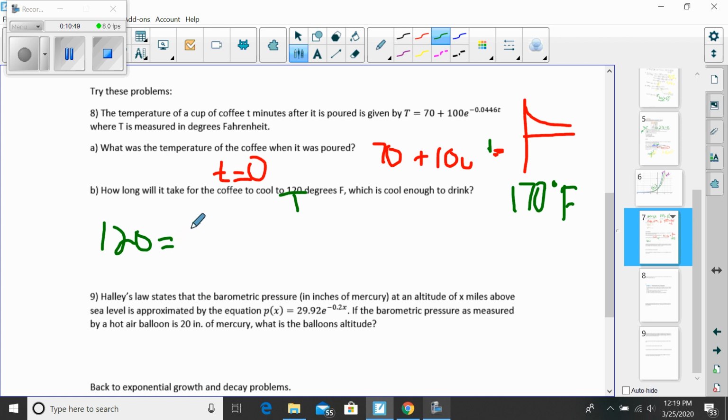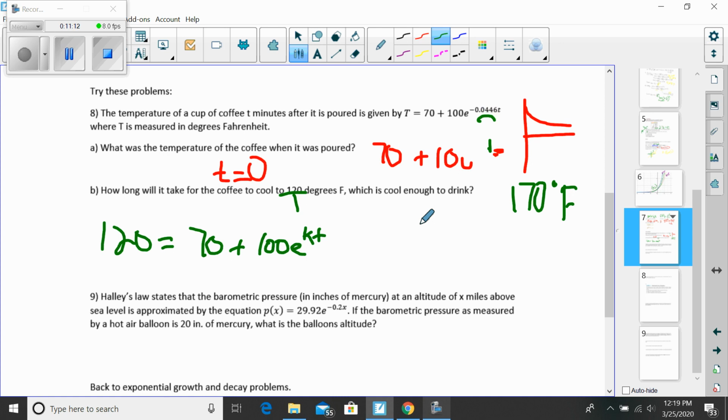equals 70 plus 100, and I'm solving for t. Since it takes me so long to write this, I'm just going to put k, and we can all see that k is this value here.